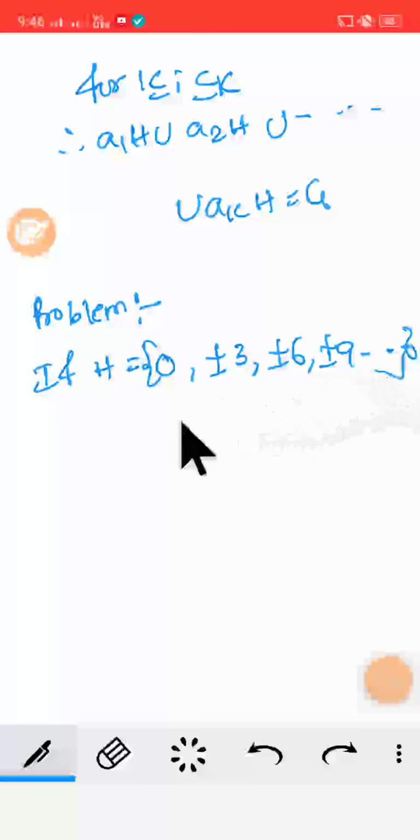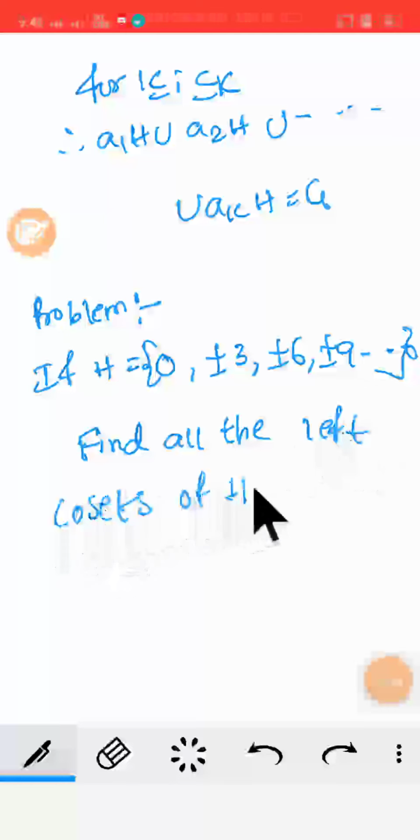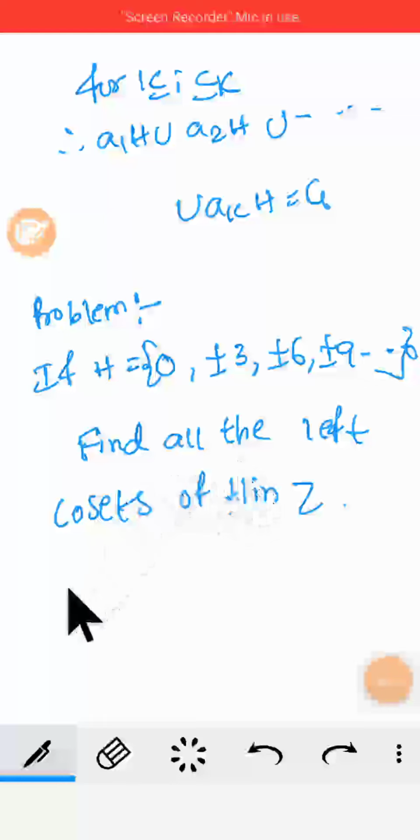If H equal to 0, plus or minus 3, plus or minus 6, plus or minus 9, find all the left cosets of H in Z. Here given H equal to 0, plus or minus 3, plus or minus 6, plus or minus 9. Find all left cosets of H in Z. Solution.